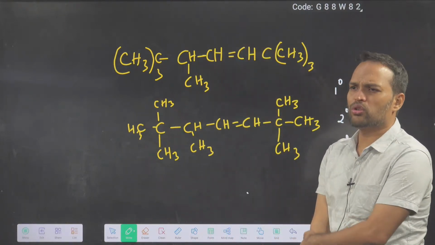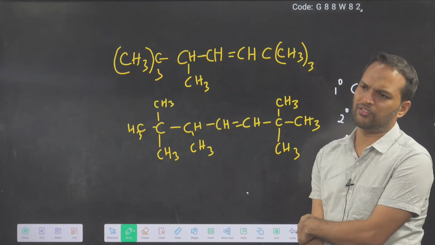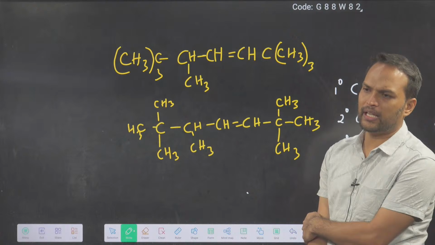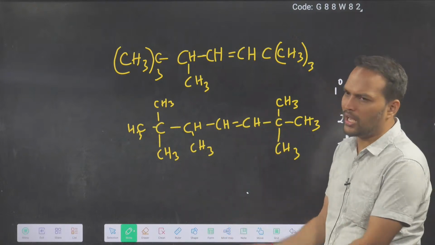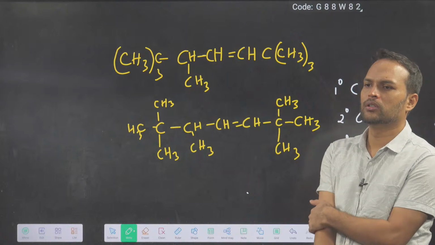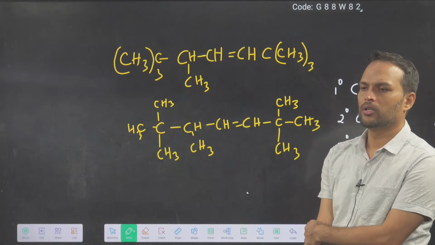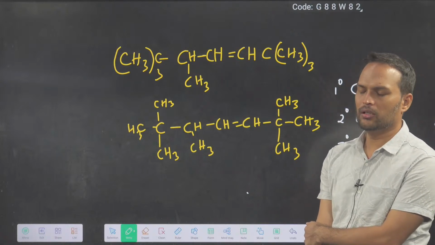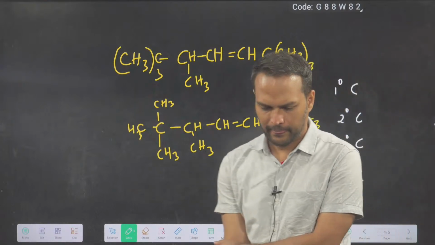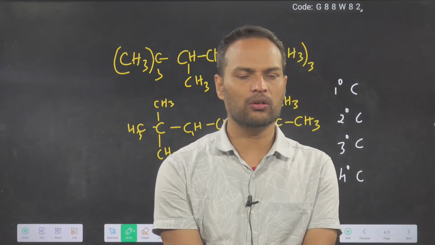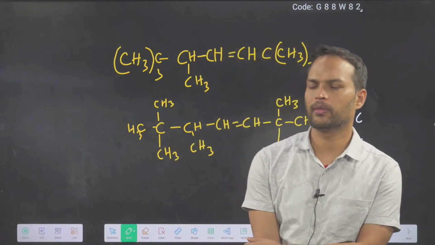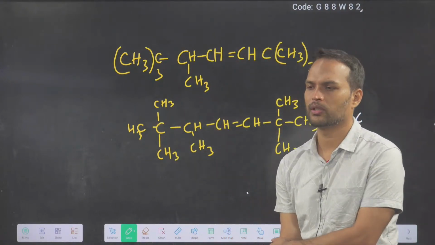So they can ask you many things. They can ask you molecular formula, sigma and pi bonds, degree of carbon. Now I am not asking you sigma and pi bonds, I am asking you degree. Once you mark all the carbon with their degree, then I will ask you how many 1 degree, 2 degree, 3 degree, 4 degree.